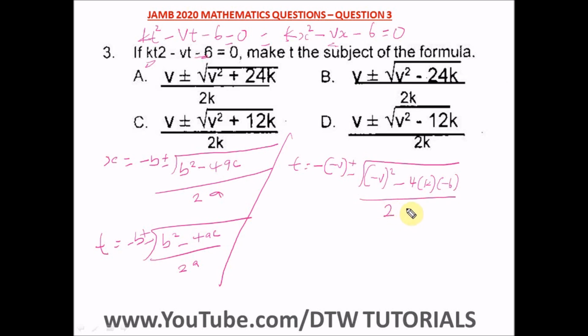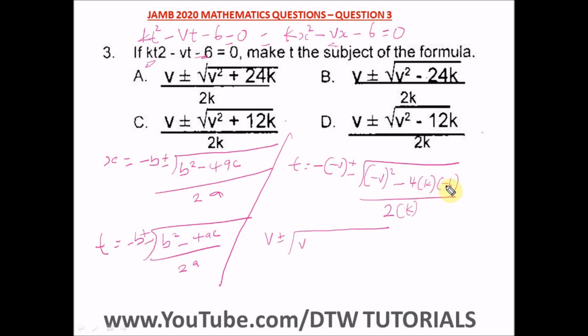So what's our a? Our a is k. So let's put that in bracket. That leaves us with minus times minus v, plus or minus square root of minus v squared, which gives us the same thing as v squared. So minus 4 times k times minus 6, basically minus times minus will give us plus.